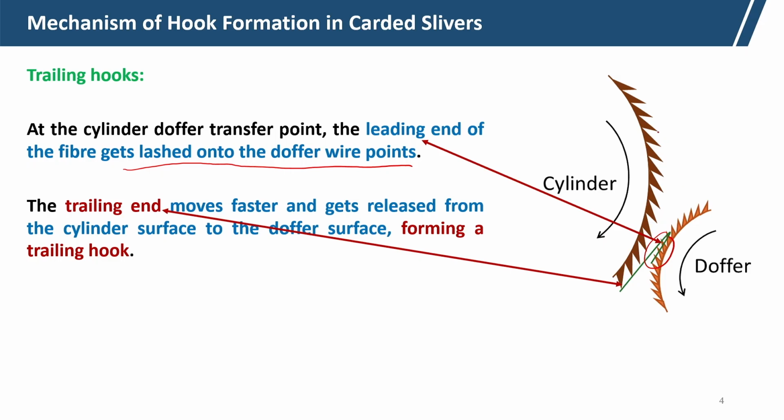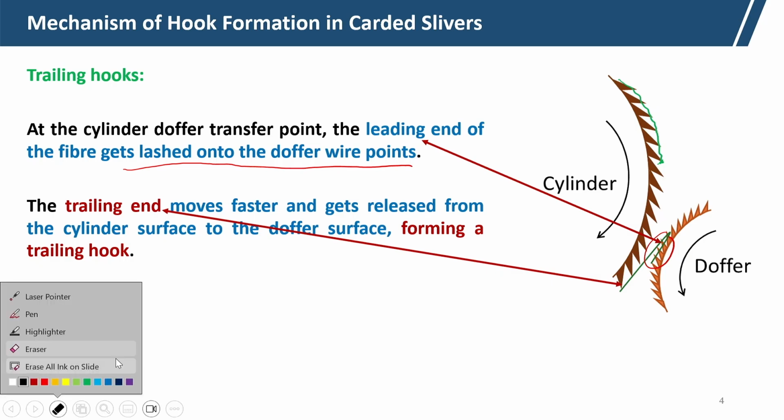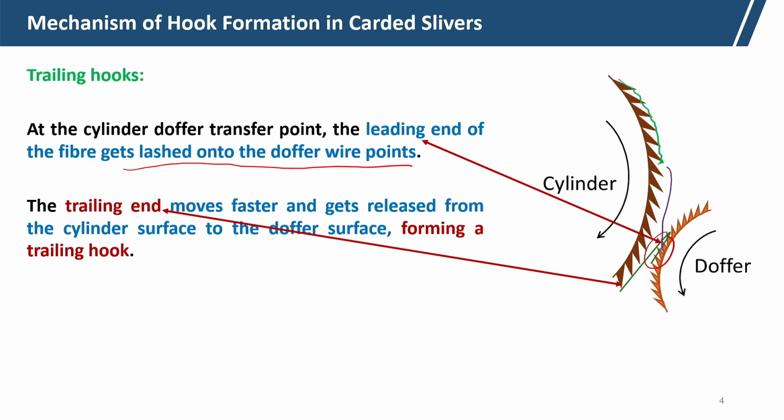Let me draw the fiber before it is coming. This is the fiber which was coming. This leading end, the first end of the fiber, gets lashed into the doffer wire point.